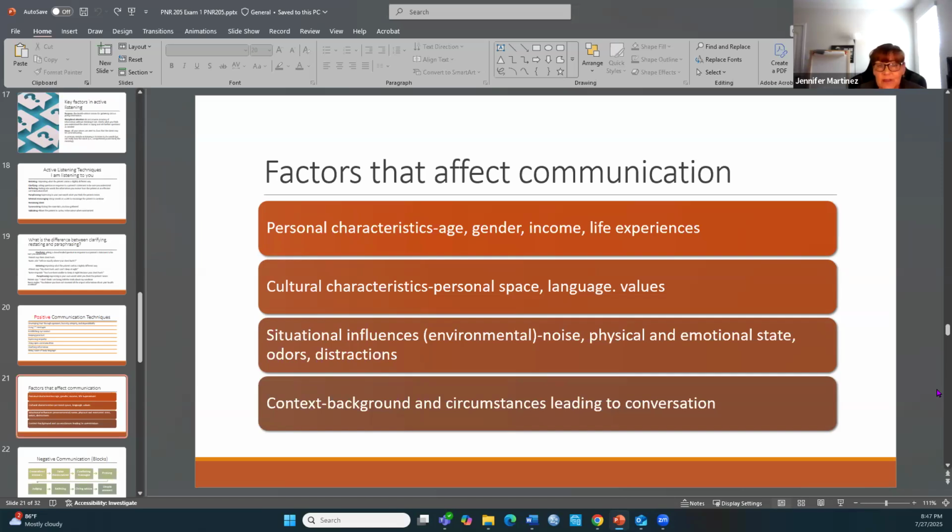And think about people coming in and out of your room, or you're talking to a client and somebody is trying to pull you out of the room, or your phone is ringing. Those are all distractors that can affect the communication that you have with your patient.